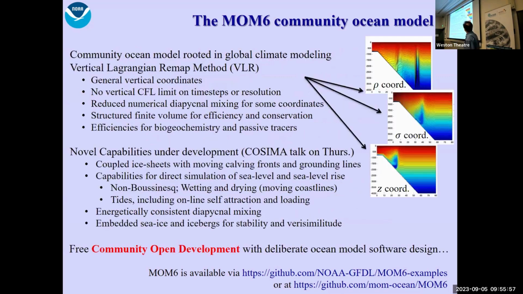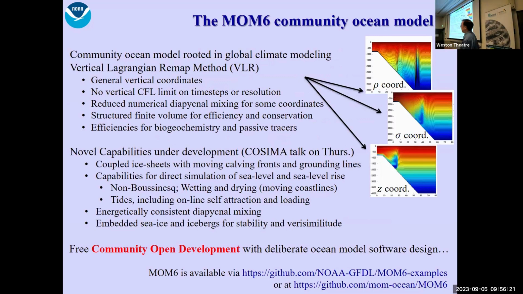So a few words about MOM6 for those of you who don't know. It is very much a community ocean model. The thing that makes it a little bit special is it's based on this idea of using vertical Lagrangian remapping for the vertical coordinates. So you can use the same numerics and very transparently use them with a vertical coordinate that's adapted to the specific application that you're using.